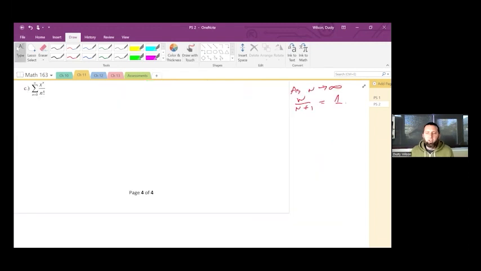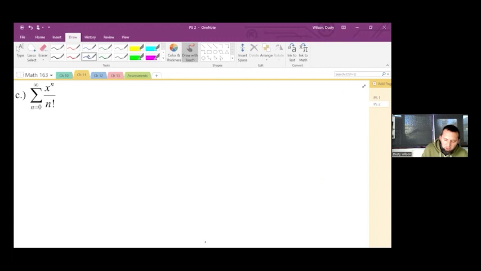So in example C, again, we're trying to understand something about how fast the terms in a series shrink. So we can write out some of these terms. Here we actually have a power series with x's involved.